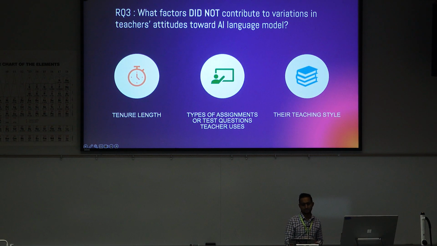I did not see any variation based on those, and I did not see any variation based on the type of question you ask in classes. Like if you give essay, or multiple choice, or the testing center quizzes, or Canvas quizzes, it does not really affect your sentiment on this tool.